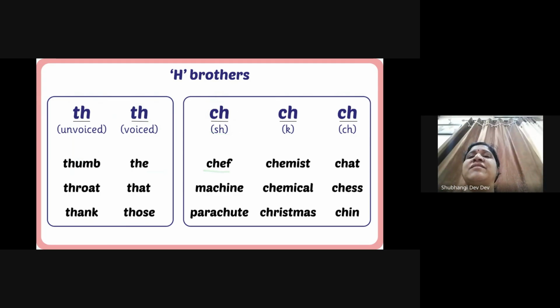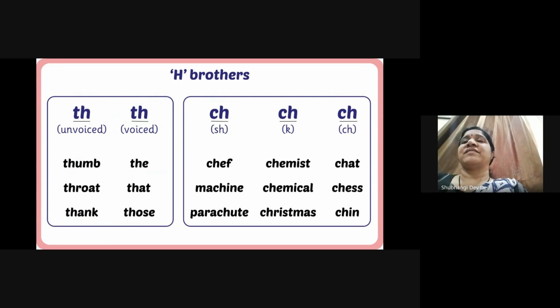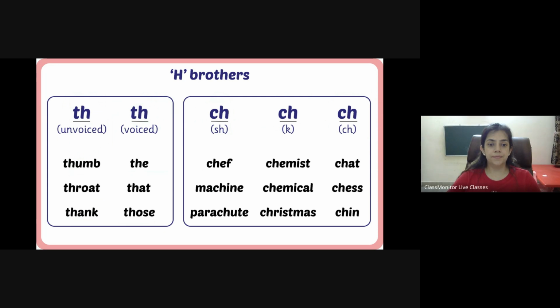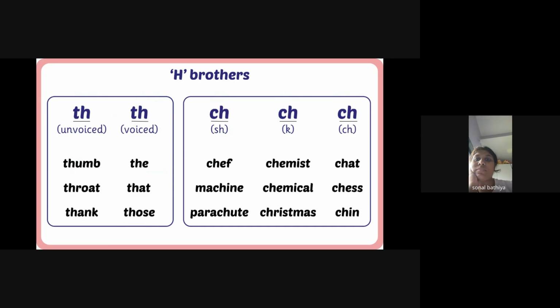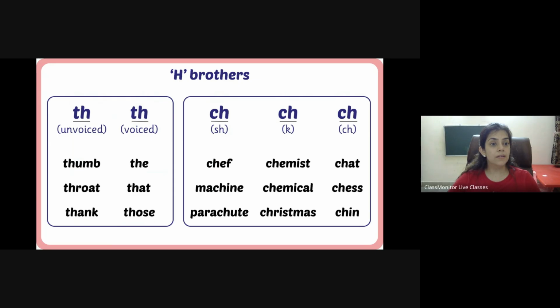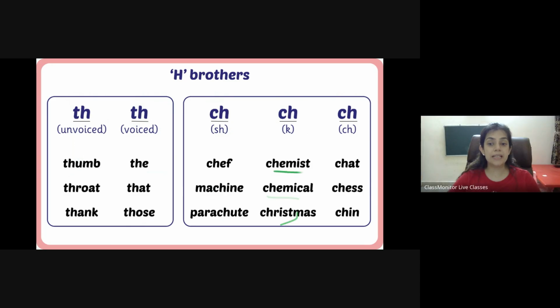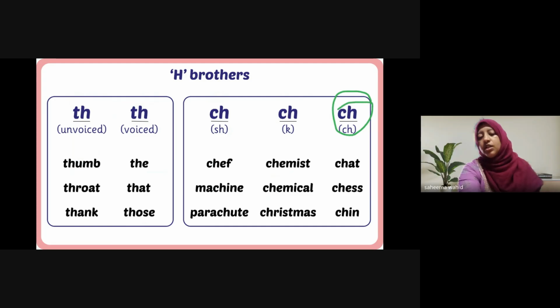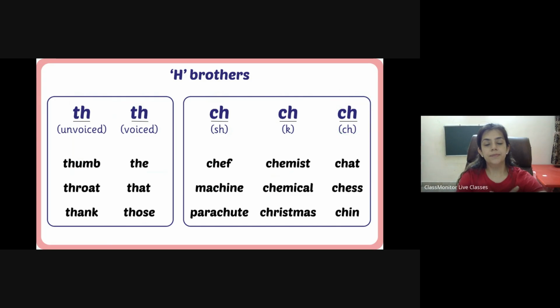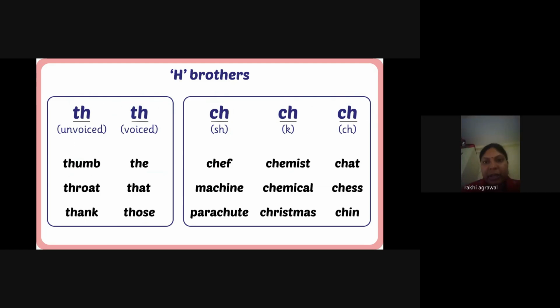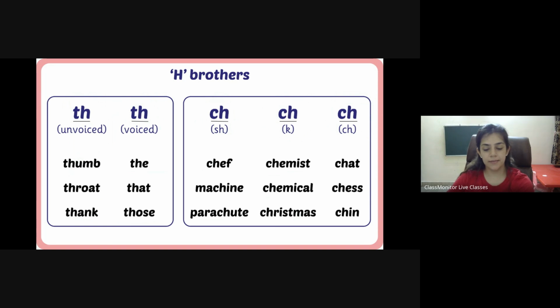Shape, mushy, parachute. All right. Yes, Saima? CH, K sound: chemist, chemical, Christmas. It's chemist. Sonal, please mute yourself. Yes. For CH: chat, chess, chin. Excellent.